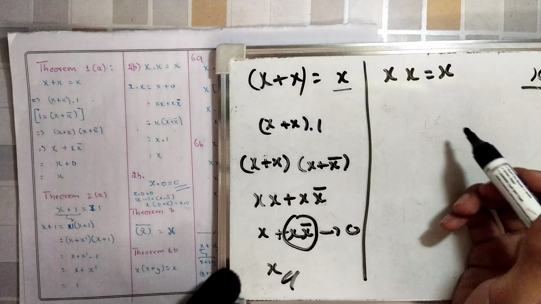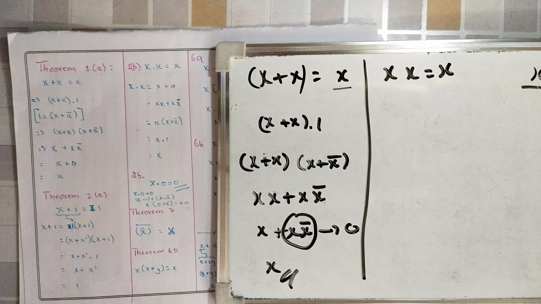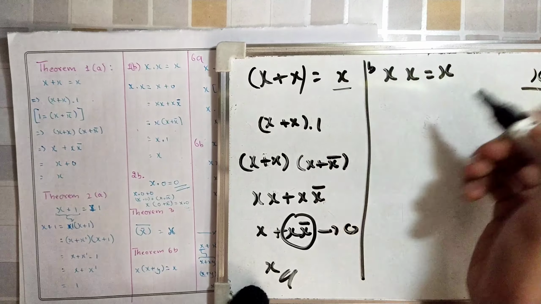So here we are adding 0 to the RHS, and just a moment. Okay, so this part b is not that simple.